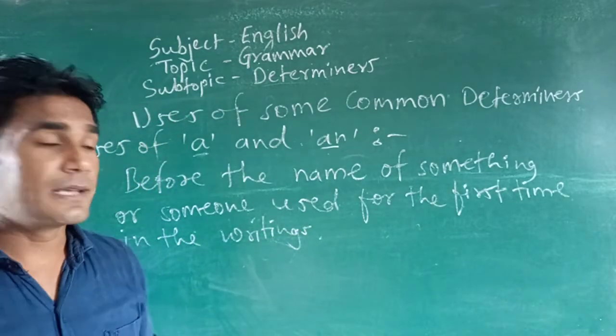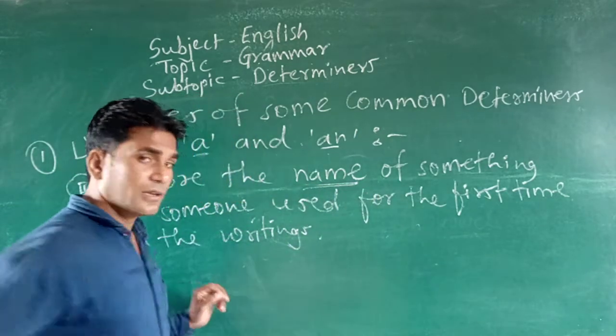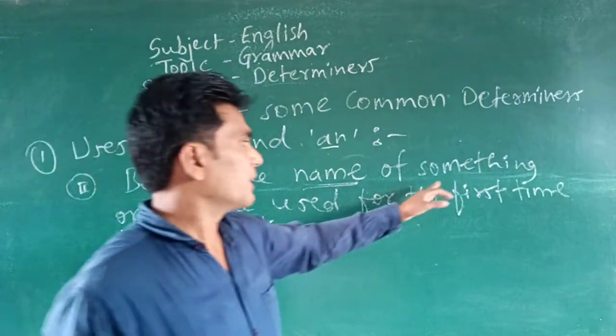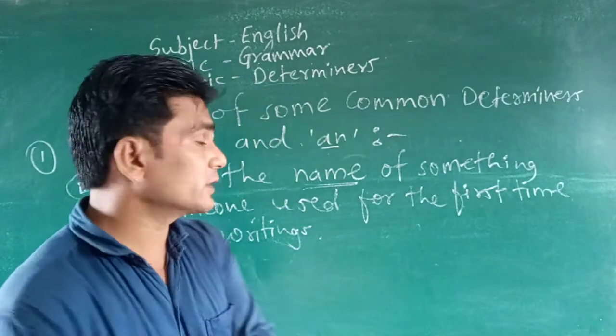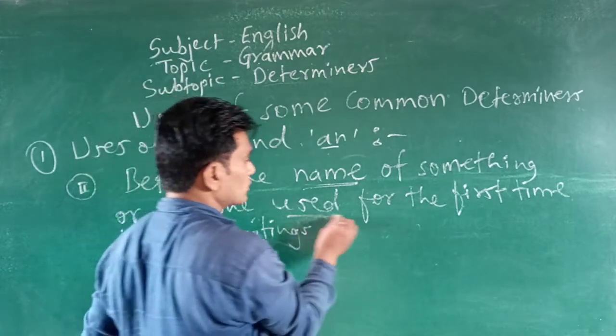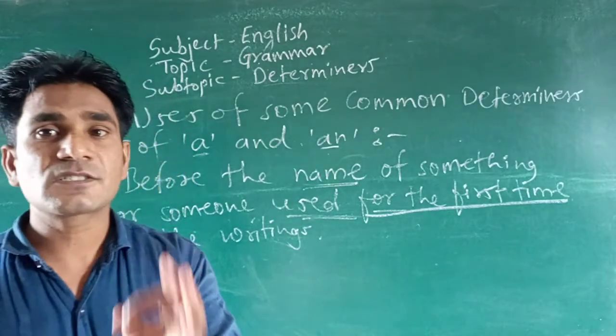Means here the important thing is before the name, whatever it is, whether of something or someone, it doesn't matter. But the important thing is that it is used for the first time.